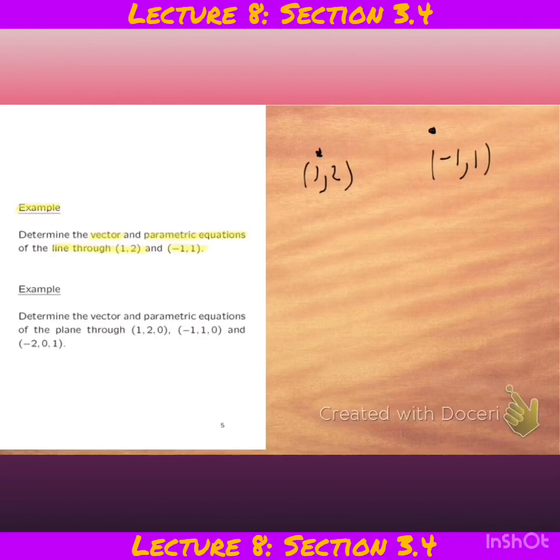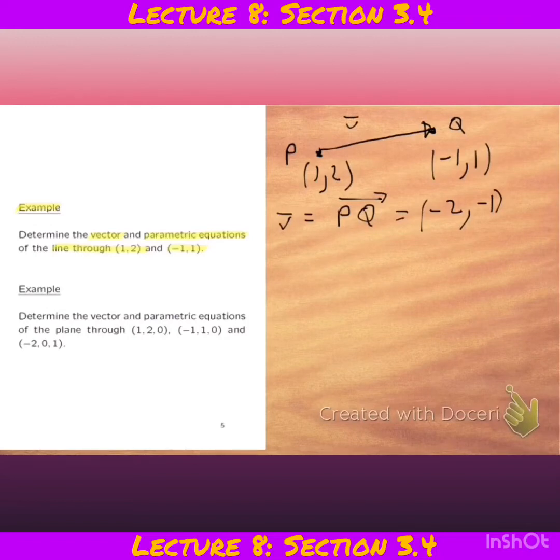Let's call that P, and let's call that Q. We call the vector V the vector PQ, and that is the vector -2, -1. That's the vector V.